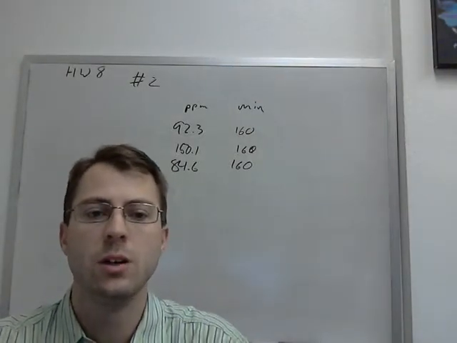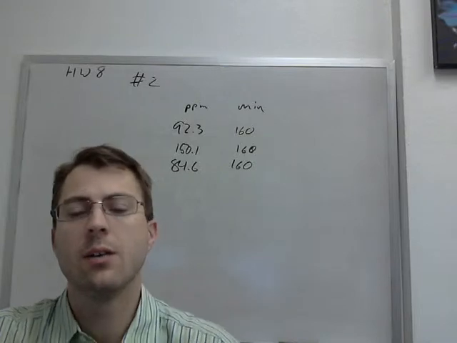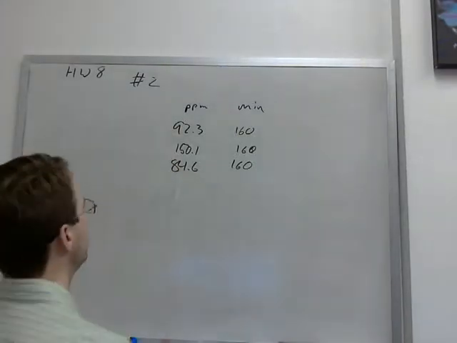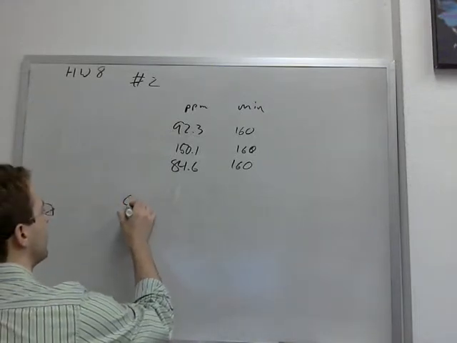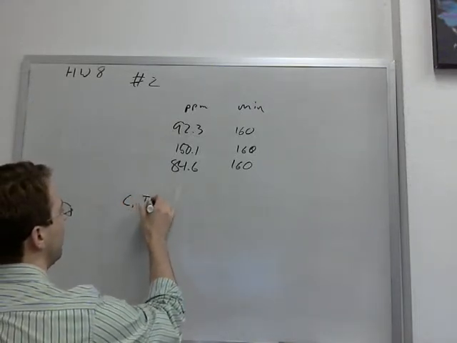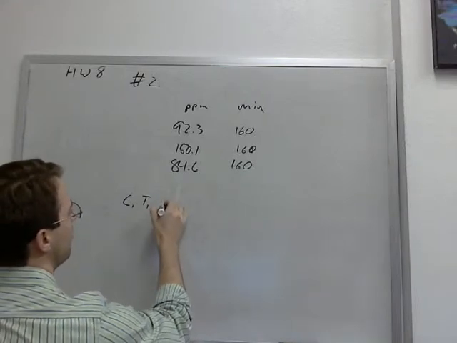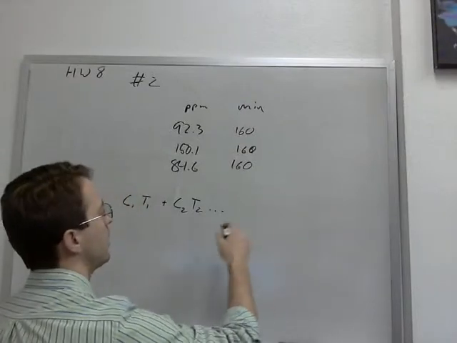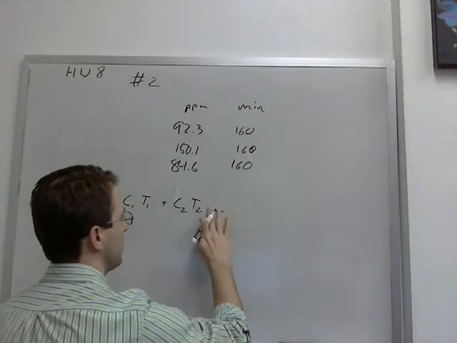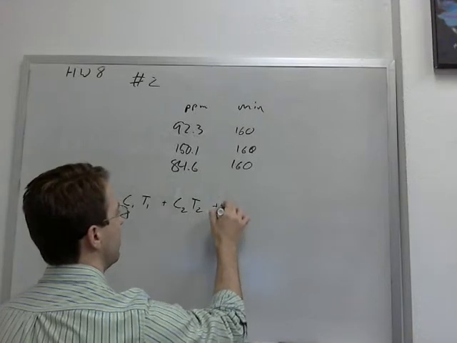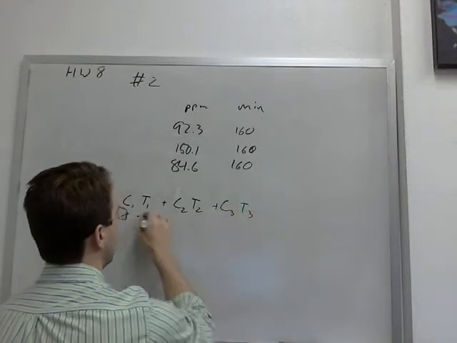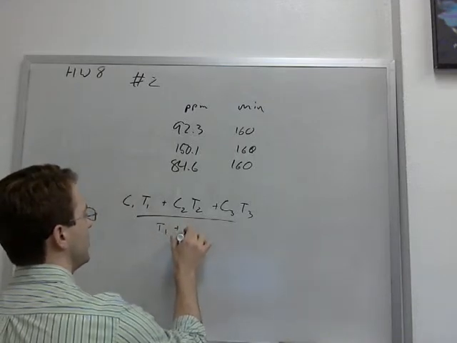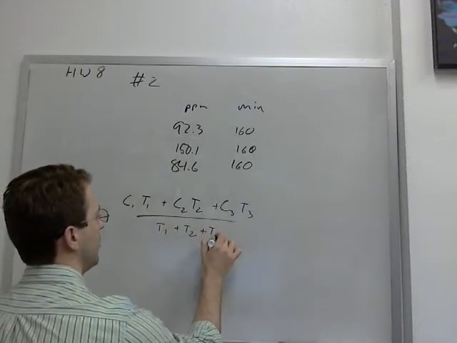I've asked you to tell me what is the 8-hour TWA that OSHA measured on this day. So TWA is just going to be concentration 1 times time 1 plus concentration 2 times time 2, all the way out to concentration N. In this case, we just have 3 concentrations, so concentration 3 times time 3, and then that divided by all of your times, so time 1 plus time 2 plus time 3.